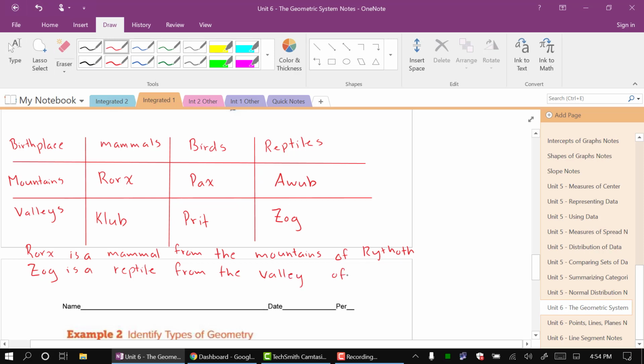So we've categorized where each of them goes, and we've also written statements on them from these tables.